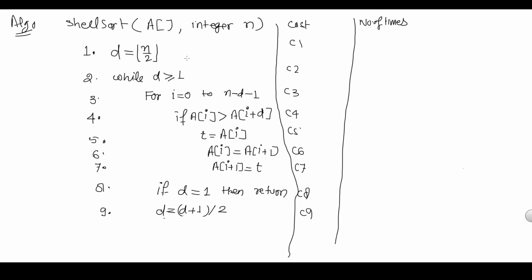So we can clearly see that this statement will execute only one time. This will execute d. How many times will this execute?